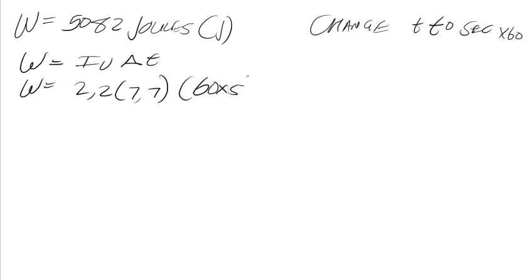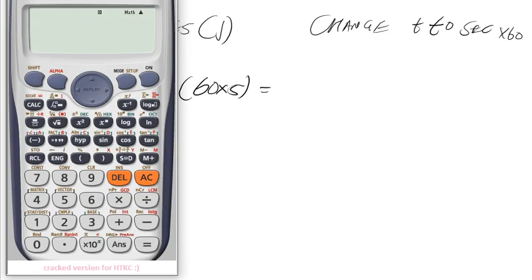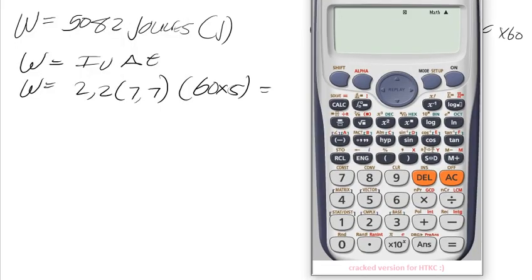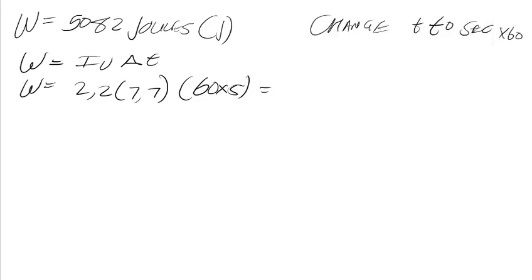Let's use the calculator. 2.2 times 7.7 times 60 times 5. See? You get the same answer, 5082. Okay, that's all for this question. Then let's go to the next one.